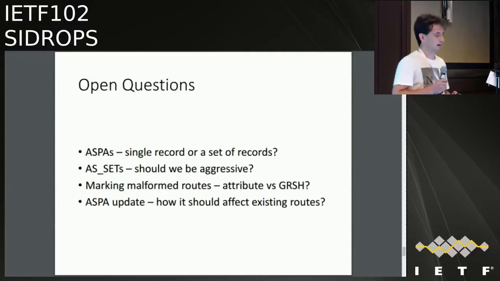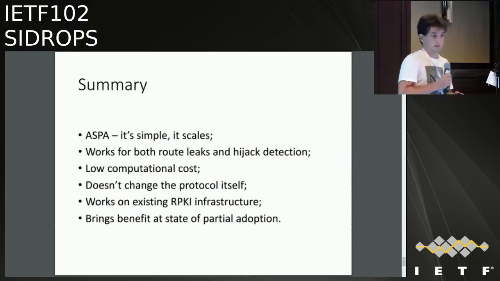And there are several other questions. Some of them were already discussed in the mailing list. So please feel free to get back to me or other authors and share your view, or go to the mailing list. Maybe it's the best choice here. And summary. This ASPA record is really simple. It scales.